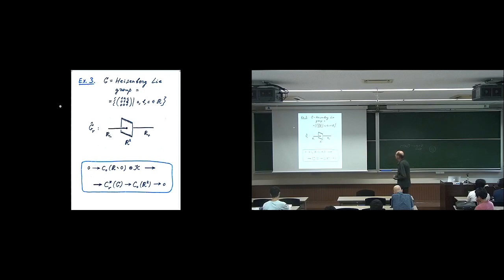Now, the Heisenberg group case is also pretty interesting. You have the set of representations parameterized by a certain parameter lambda, which is the parameter on this real line.